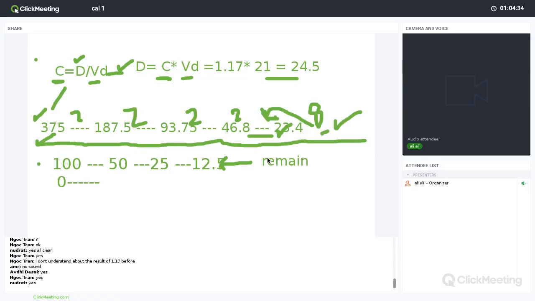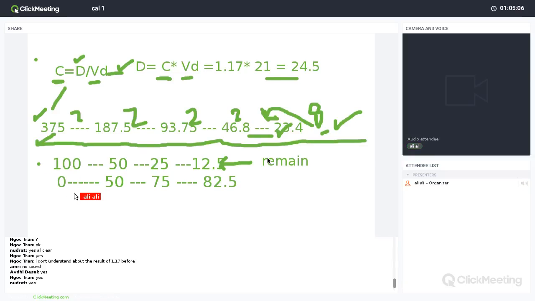0% out of the body. If I have 50% in the body, I will have 50% out of the body. If I have 25% in the body, I will have 75% out of the body. And if I have 12.50 in the body, I will have 87.50 out of the body.